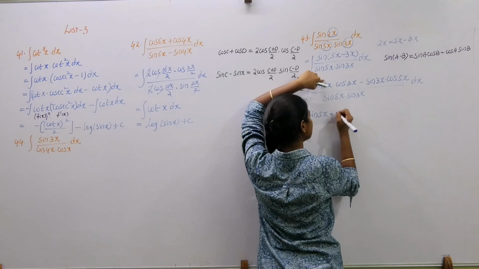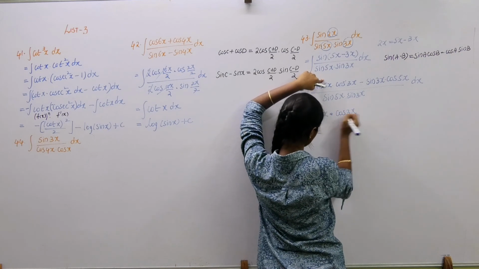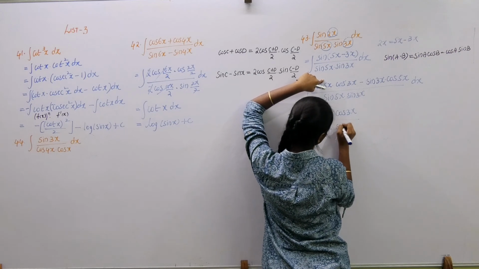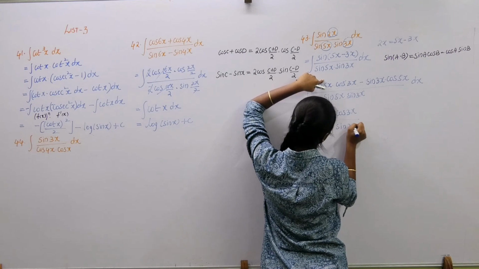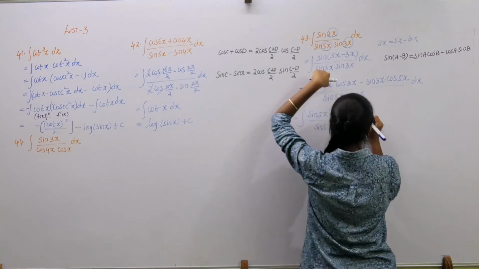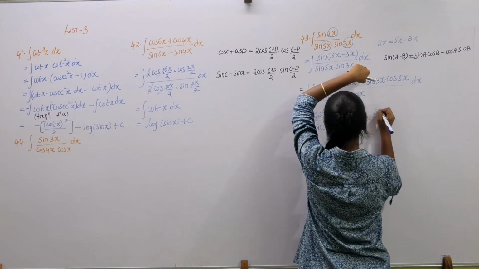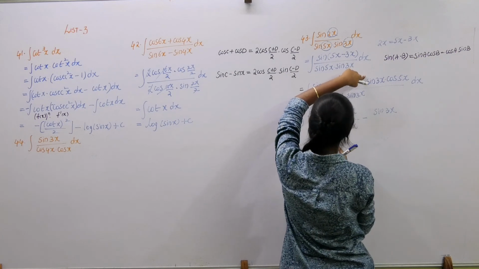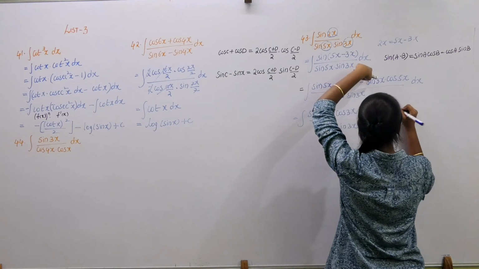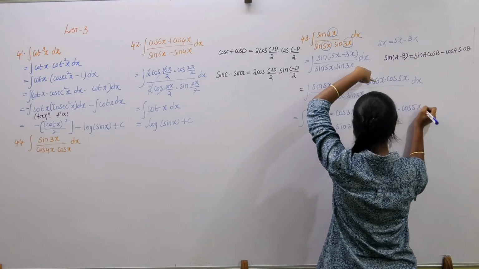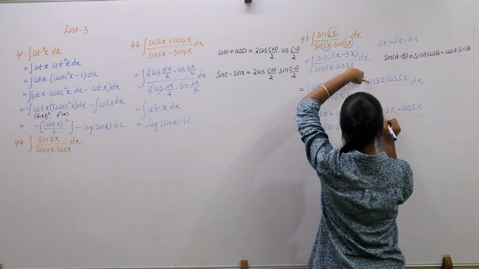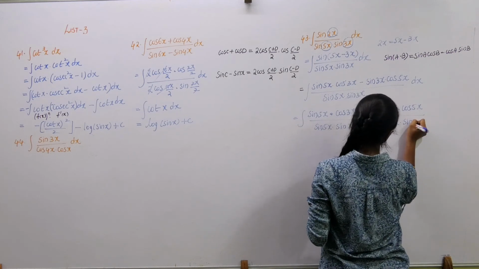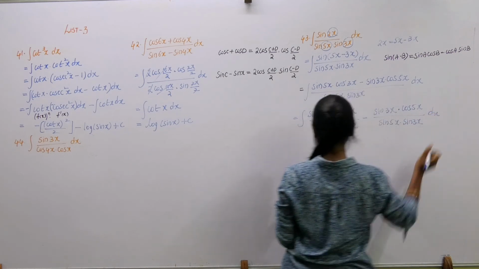Sin 5x into cos 3x by sin 5x into sin 3x, minus sin 3x into cos 5x by sin 5x into sin 3x dx.